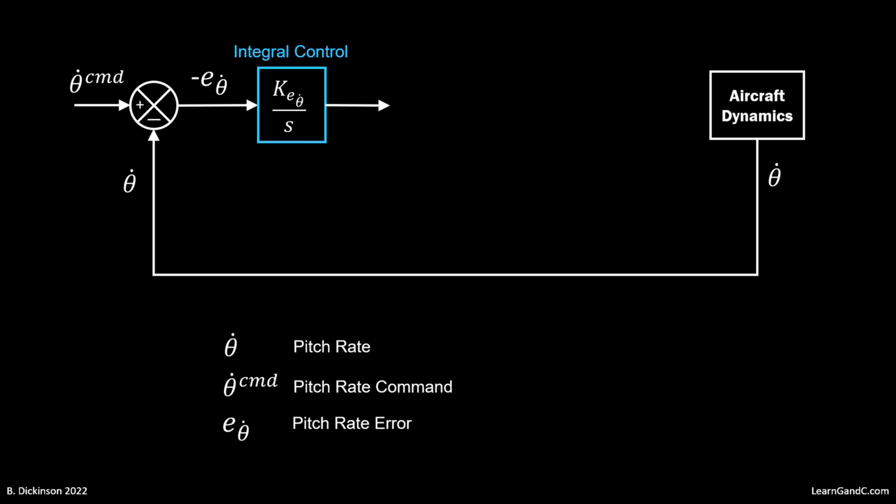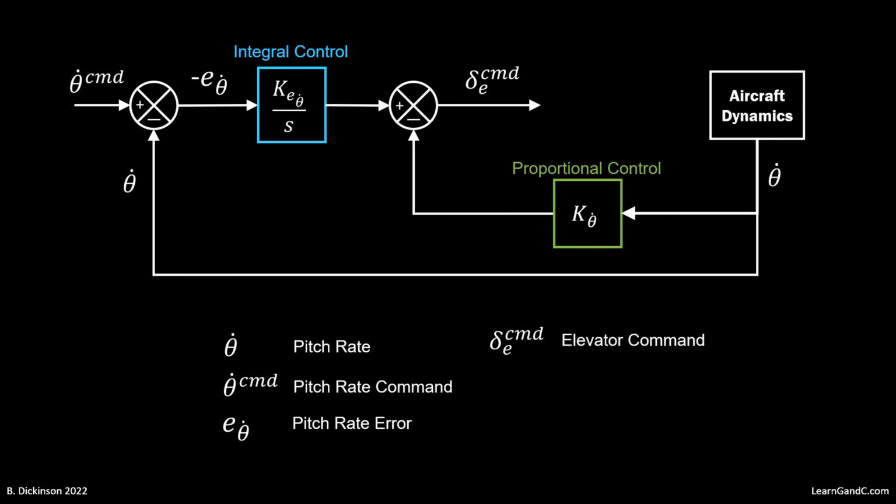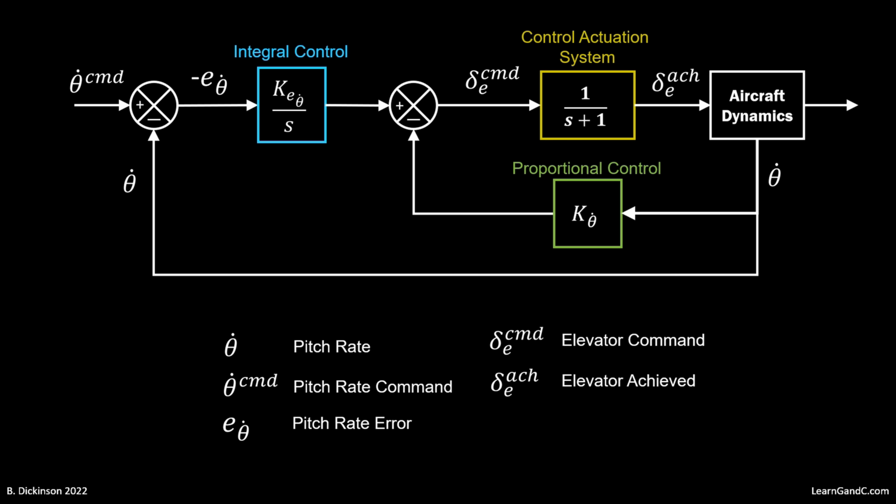The pitch rate is also multiplied by a constant gain, and these two signals are added to produce the elevator command, which goes into the control actuation system, which produces an achieved elevator response that affects the aircraft dynamics. And this process continues so that the achieved pitch rate converges to the commanded pitch rate.